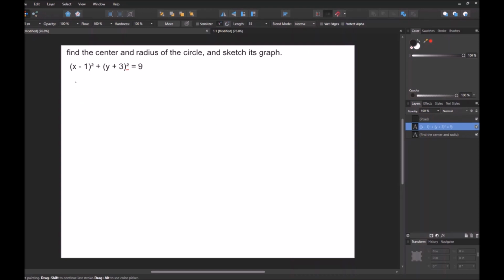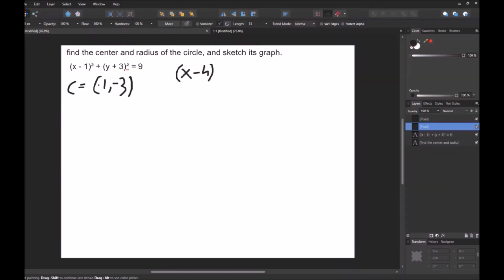So let's start with the center. The center I'm actually just going to write and then explain in a little bit. It would be 1 comma negative 3. And the reason it's not negative 1 comma 3 is because in the equation of the circle it's x minus h.